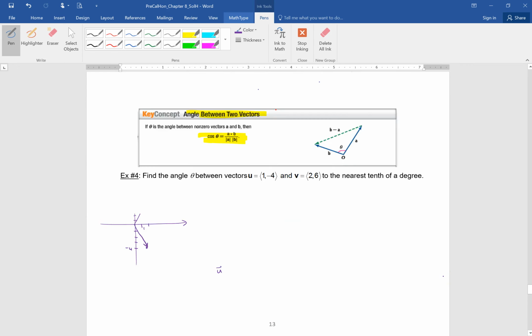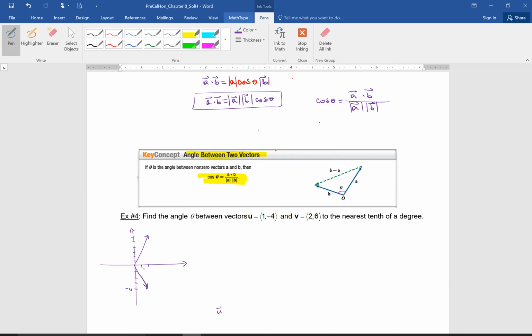The formula for cosine of theta is u dot v over the magnitude of u times the magnitude of v. So I'm going to find each of those separately and then plug them in. That's the best way to do it.